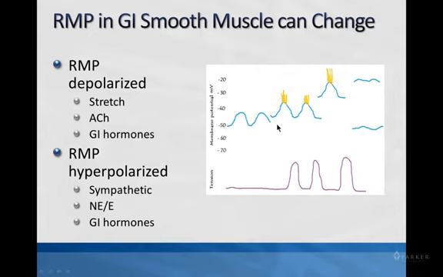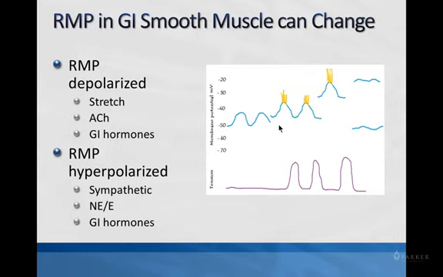If you depolarize the resting membrane potential, it's going to become less negative, more excitable, and more likely to create an action potential, which would elicit a muscle contraction. So, the types of things that can depolarize the resting membrane potential. Smooth muscle is very responsive to stretch.